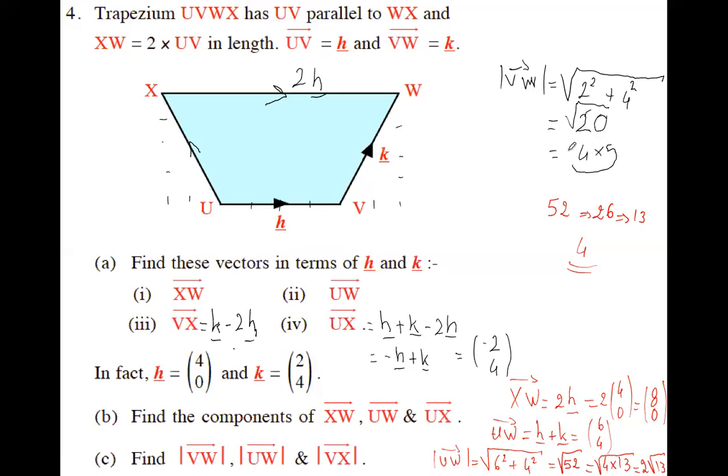So root 4 times 5, which is just 2 root 5. So that would be your answer, 2 root 5, and then you would get the mark.